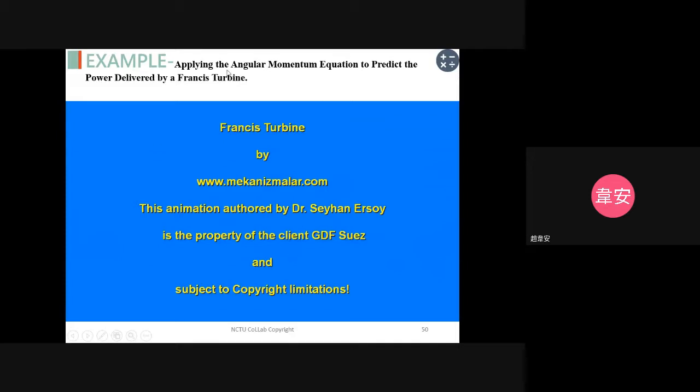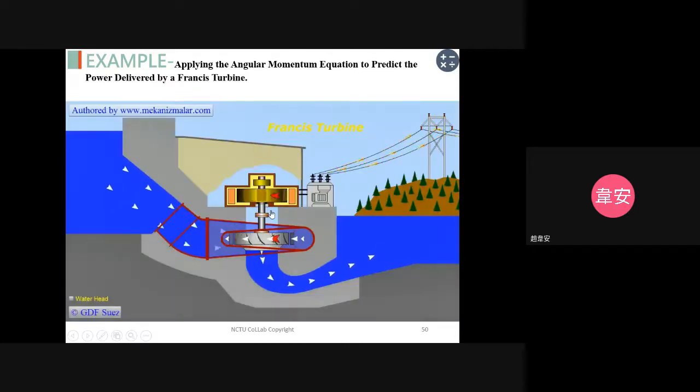If we have hydraulic power generators, we call them Francis turbines, and this is very useful for supplying power by hydraulic properties. So we see the movie first. The movie just introduces what Francis turbines are.